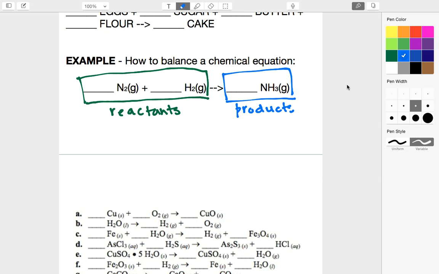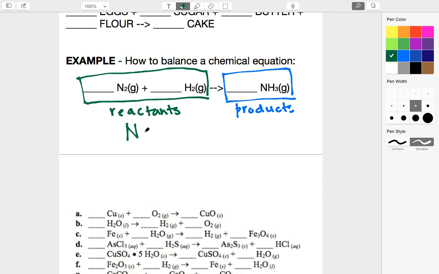After I have determined what my reactants and my products are, I need to figure out how many and what type of elements I have in my reactants, and how many and what type of elements I have in my products. So let's do that. In this first example, I have N2.